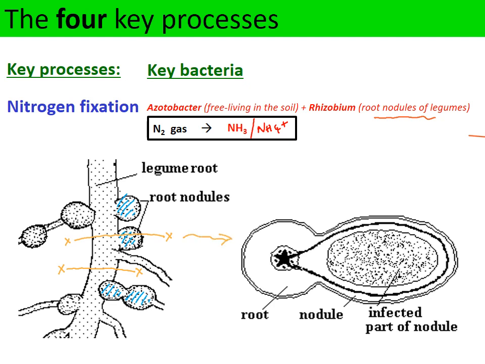Now we know the root has an epidermis, which is a single layer of cells on the outside here in green, and some of those are specialized as root hair cells, and they allow the uptake of mineral ions such as magnesium, potassium, and also nitrate ions, some ammonium ions, and water.